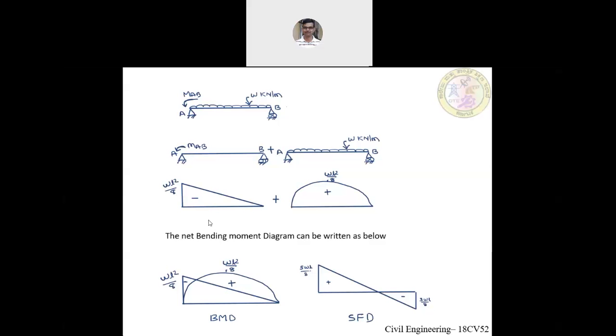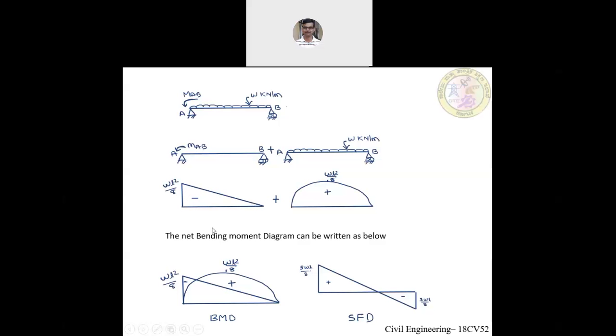Now we have a sign convention: negative bending moments for the left of the beam I'll be plotting above my reference line, and if it is positive, I'll plot it below the reference line, and the reverse of that for the right hand side, as discussed in the previous session.